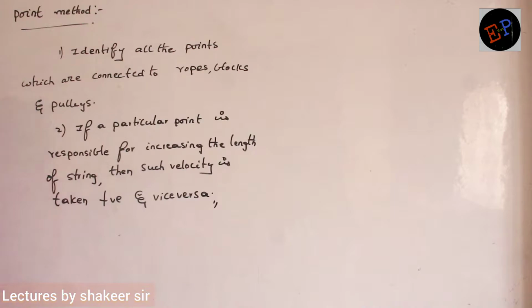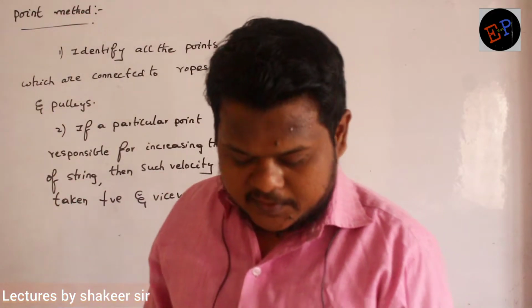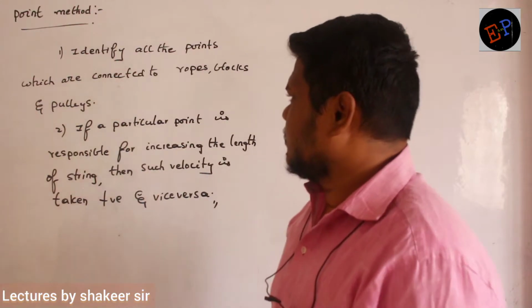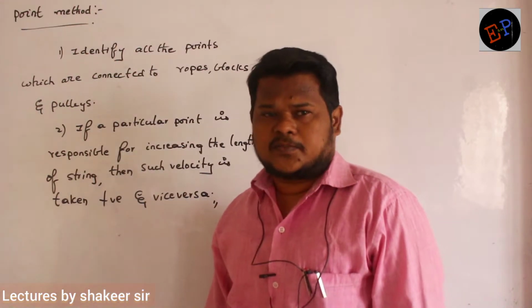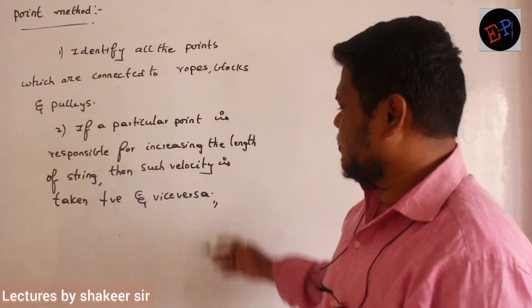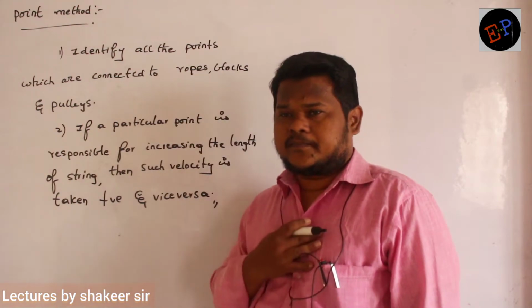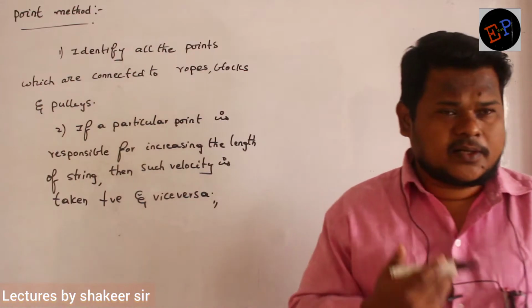Are you able to understand? So these are the 2 points which we have to remember for solving the problems with the help of point method. So identify all the points which are connected to ropes, blocks and pulleys. And the second point is that if a particular point is responsible for increasing the length of the string, then such velocity you should take positive, otherwise you should take negative.